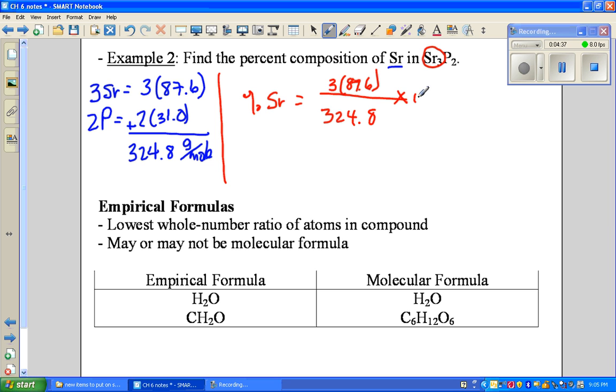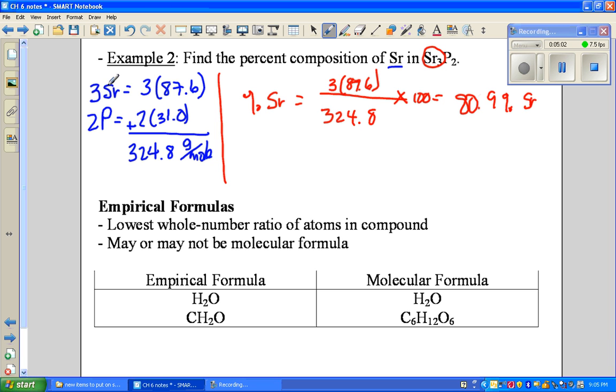And I multiply by 100. I have 3 significant figures up here and 4 sig figs down here, so my answer should be in 3 sig figs, which is 80.9% strontium. That's it. In this compound, almost 81% of it is strontium.